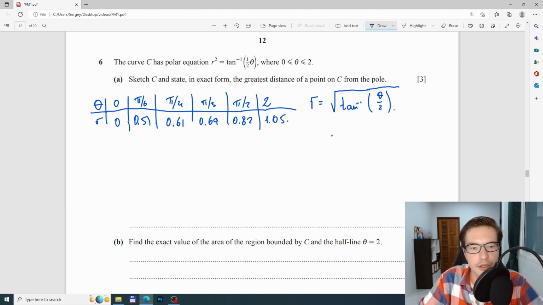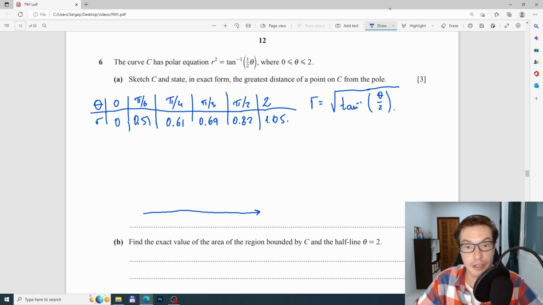Okay, so generally we can see that if the angle is increasing, the radius is also increasing. Okay. So 2 radians is about 114.6 degrees, which is just a bit above 90.